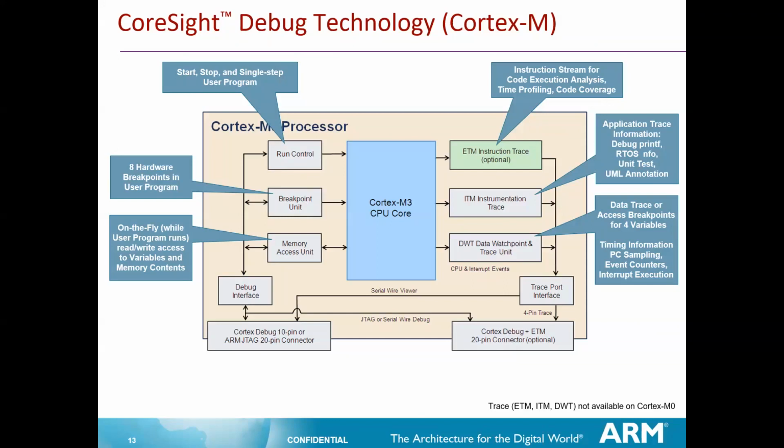So ARM came up with a mechanism where they can route the printf statements. Yes, you can continue to use printf statements, but instead of routing the string or whatever data you want to print through a UART, you can route it through the ITM block, the instrumentation trace macrocell, because it's a debug block.